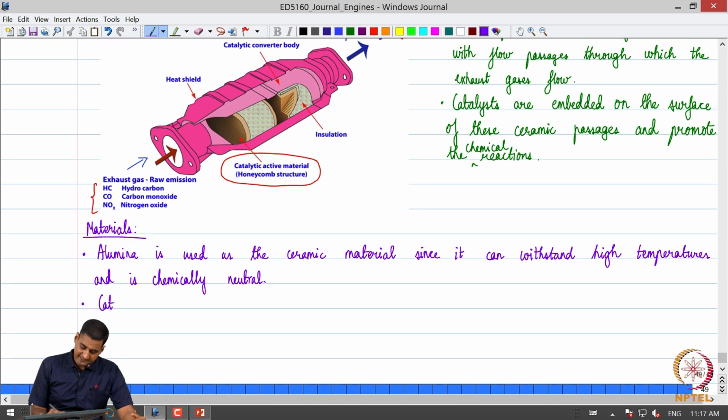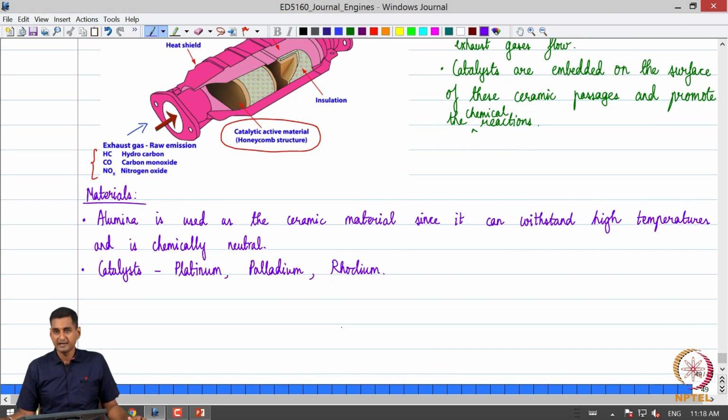So, what are the catalysts that are used? The typical catalysts that are used are platinum, palladium and rhodium. These are the catalysts used in the catalytic converter. So what do platinum and palladium do?